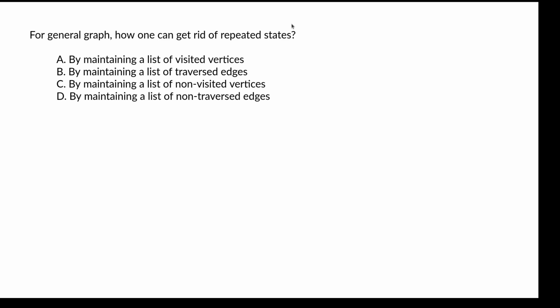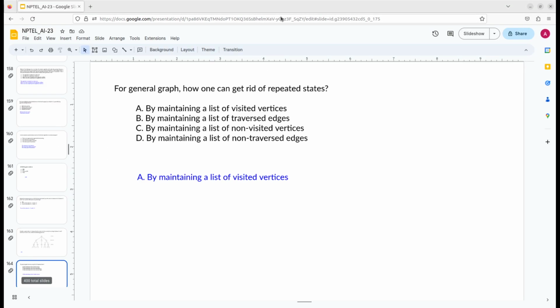No, it is not going to help, because it is asking about the repeated node. But if you save whatever you have visited, that is going to help. If it is in your taboo list, then you can see you have visited there, and you can avoid visiting again. So option A would be correct, by maintaining a list of visited vertices.